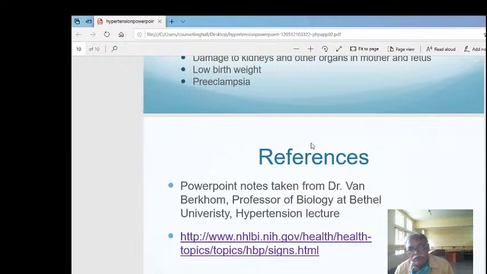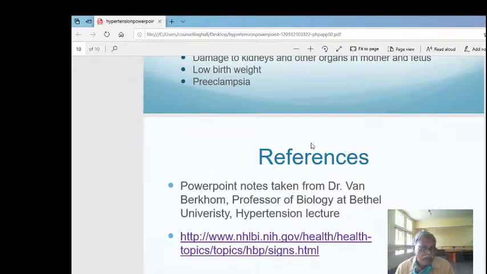Beta blockers can be given to the maximum extent of the dosage. If the patient is very anxious and tense, tranquilize the patient by giving 0.25 to 0.5 milligrams of alprazolam or any other benzodiazepine group of drugs.